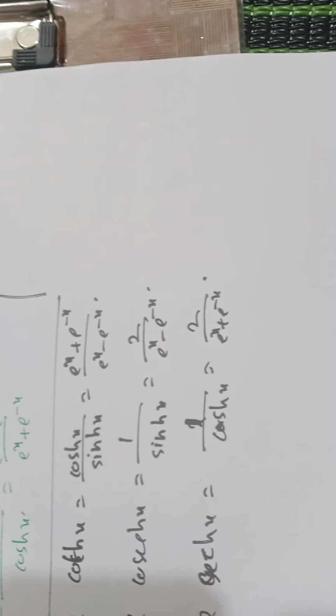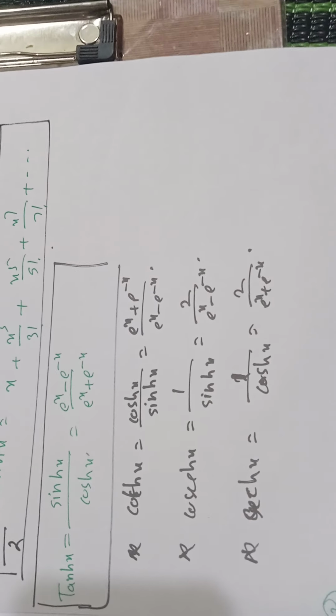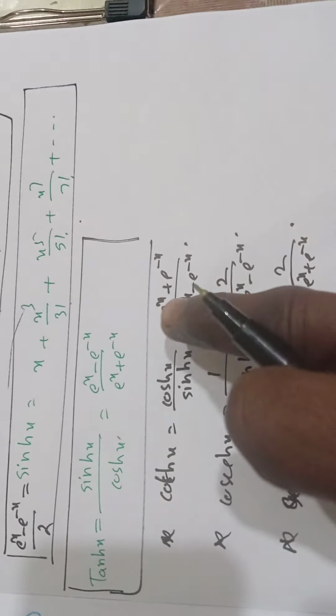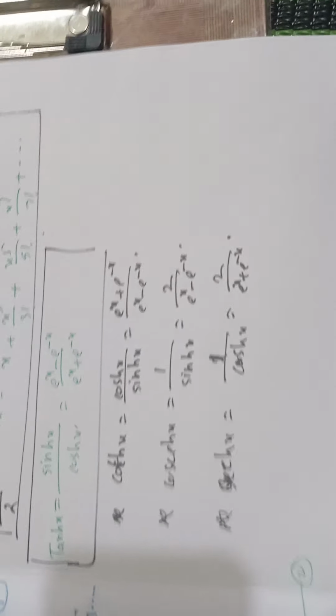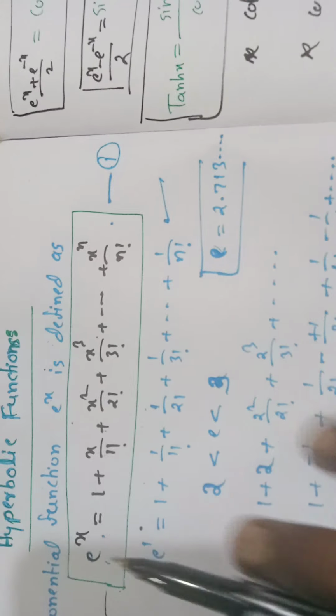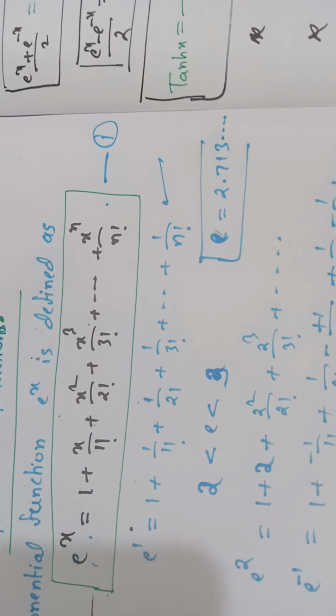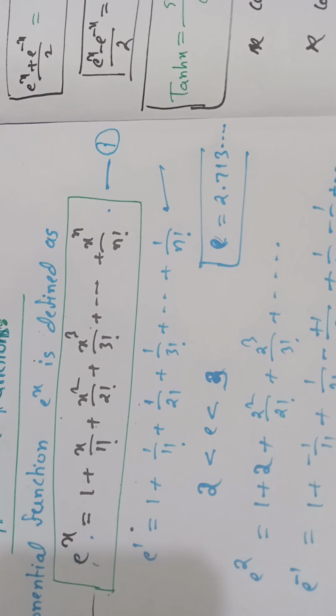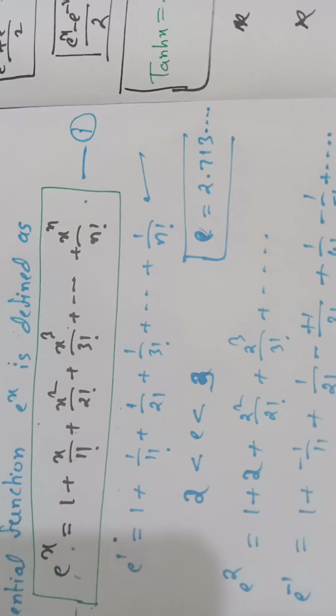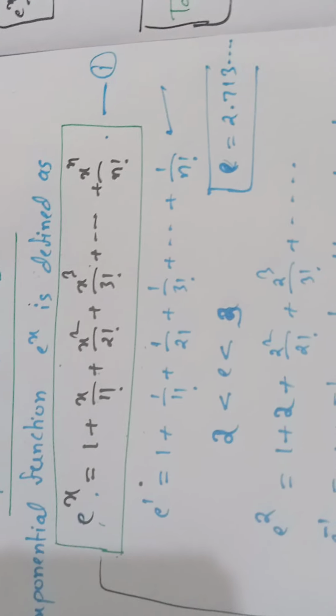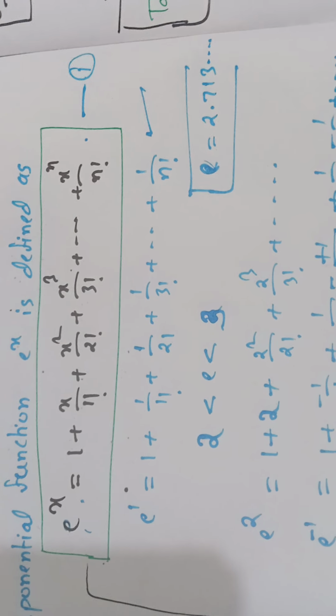You need to have all these hyperbolic ratios in terms of e power x. It is most important to remember the expansion of e power x: 1 plus x by 1 factorial plus x square by 2 factorial plus x cube by 3 factorial, and so on. And we will have the logarithmic series as well.